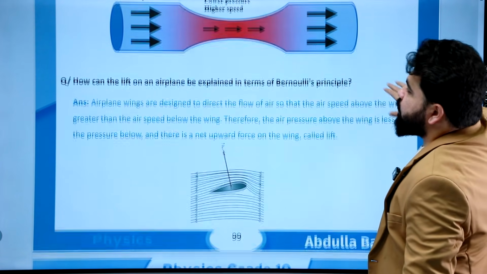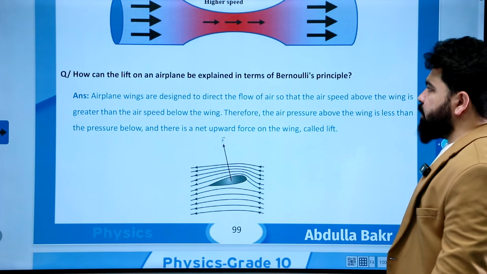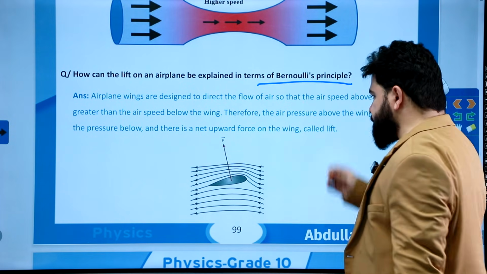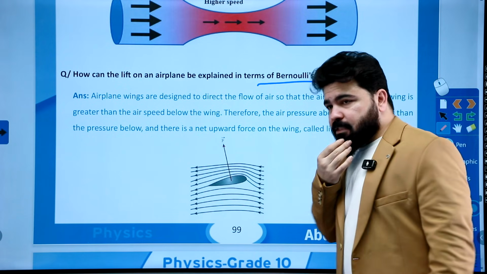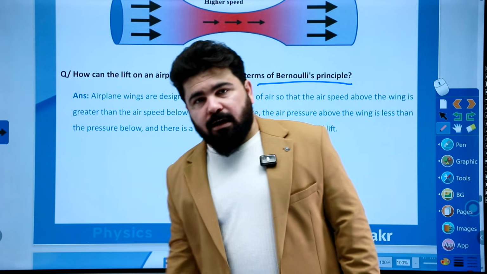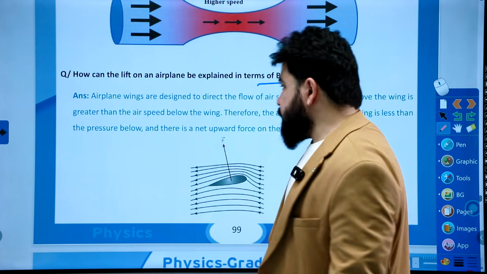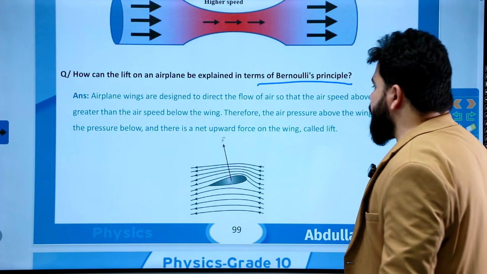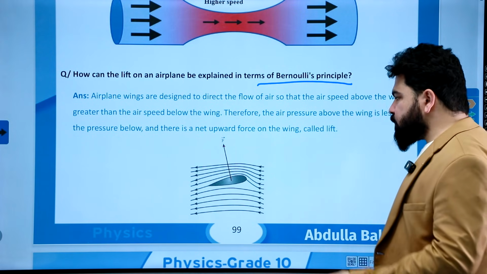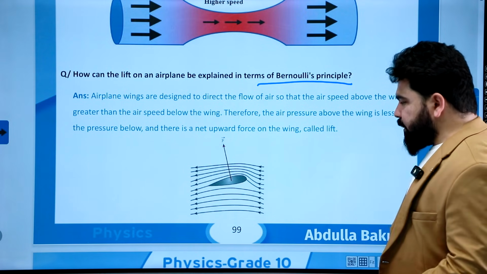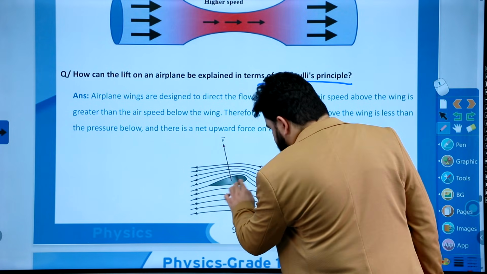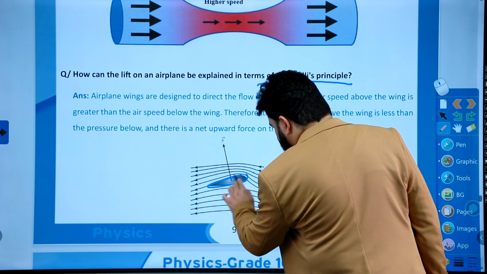Explain how the lift on an airplane can be explained in terms of Bernoulli's principle. So we said that according to Bernoulli's principle, as the velocity increases, pressure decreases. Now, how can the lift on an airplane be explained? Let's say this is the wing of an airplane.